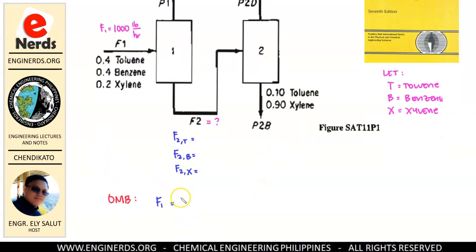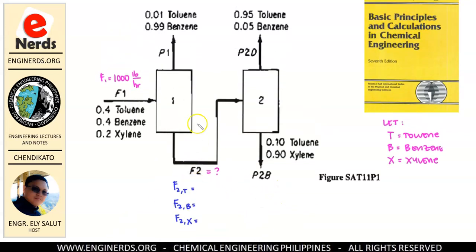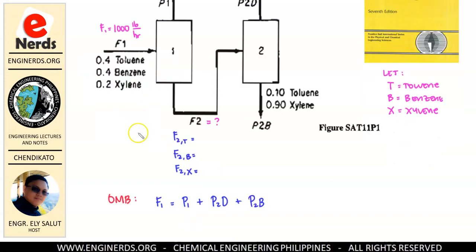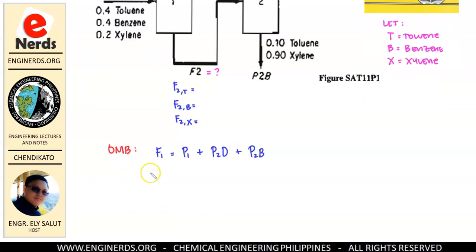So we have P1 plus P2D plus P2B. Okay, yan lang naman yung mga exit streams natin. We know the value of our F1, which is 1,000 pounds per hour. So therefore, we have here 1,000 is equal to P1 plus P2D plus P2B. Okay, so yan yung ating overall material balance, no?